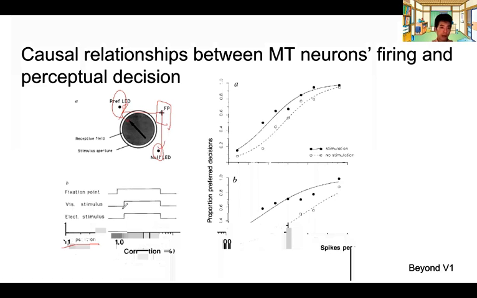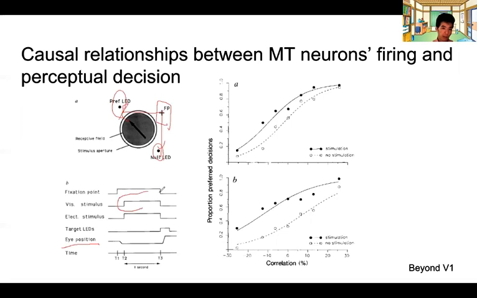And not only was the visual stimulus presented between T2 to T3, they also delivered electrical stimulation around the neuron that they recorded after the recording of the neurons.